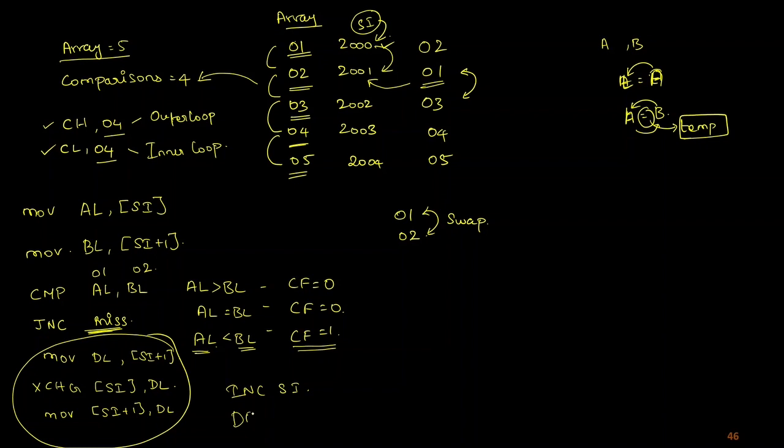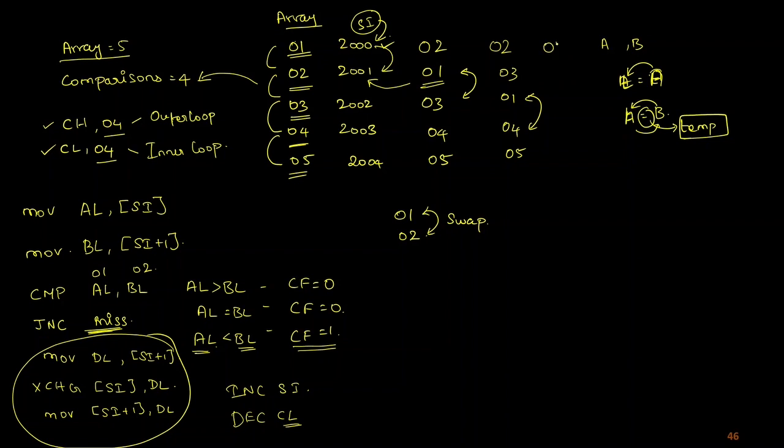In the same way, I have to decrement my CL register, which means I have to decrease the count so that it compares all those values. In the next iteration, it should be 02, 03, 01, 04, and 05. Again it has to compare, and after that, again it has to be swapped.